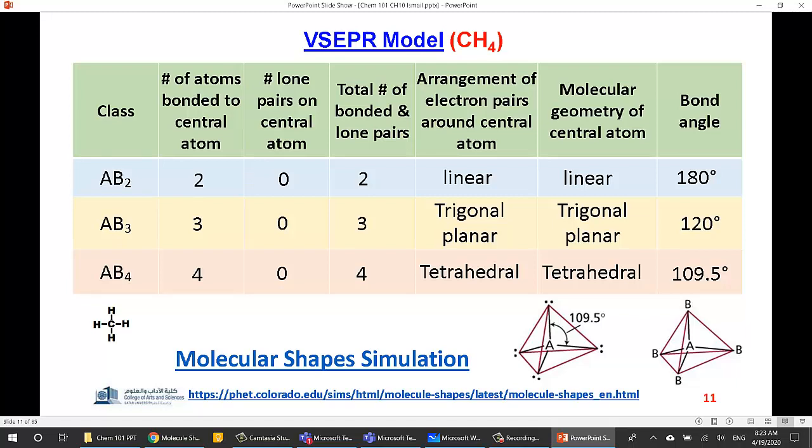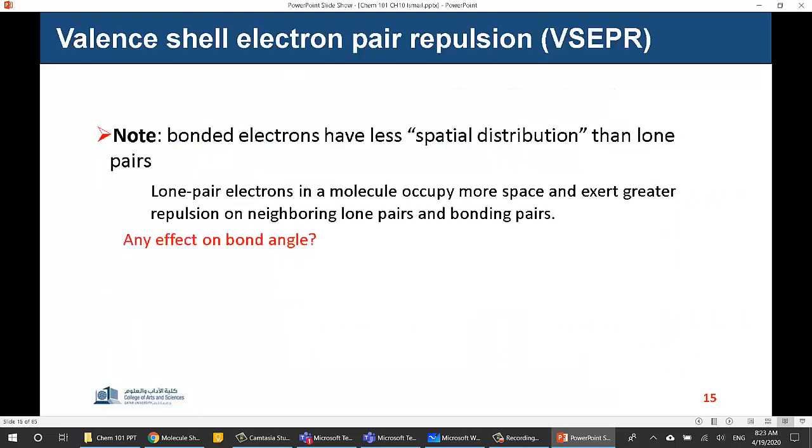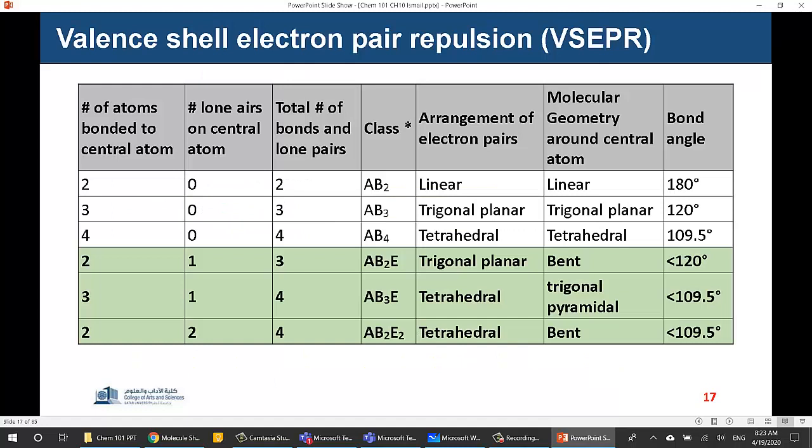So, here we go. This is the most important table in this chapter, in slide 17, and this is the table that you must pay attention to. As I said, we have three families, three arrangements of electron pairs. For the linear, there is only one shape, which is linear. For the tetrahedral, we have three.